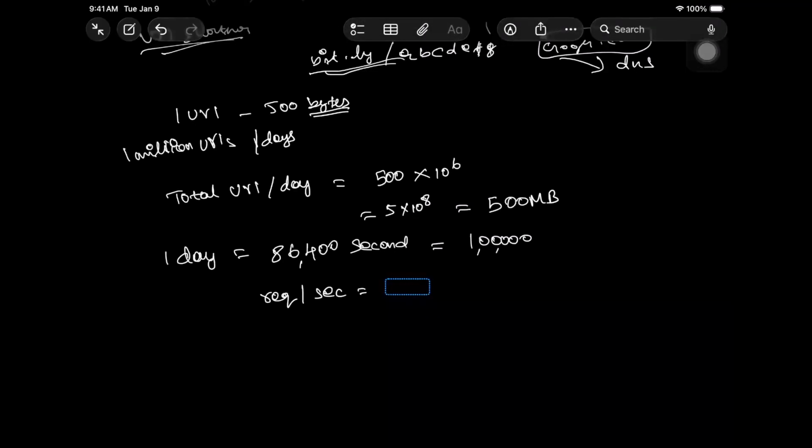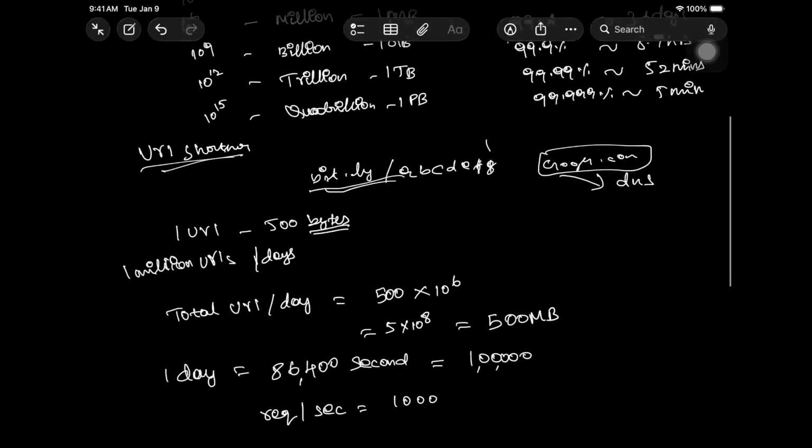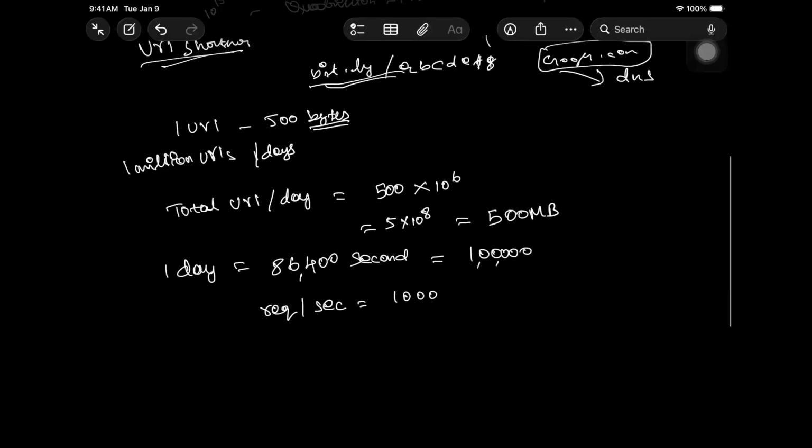So requests per second will be 1 million, which is 10 to the power 6.